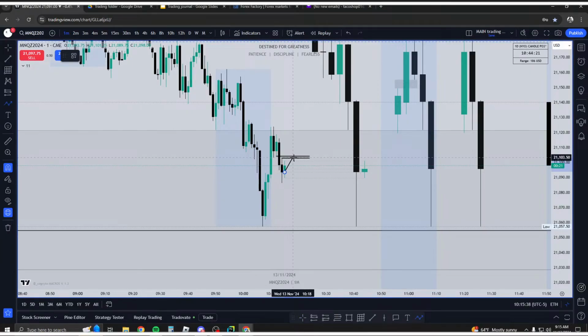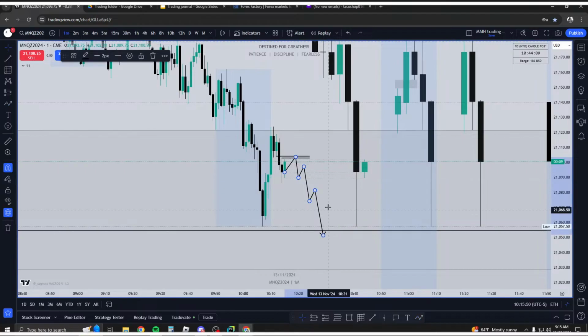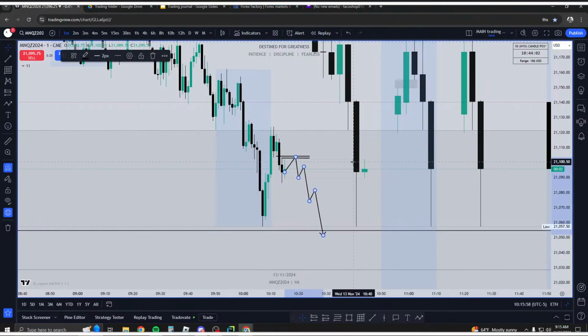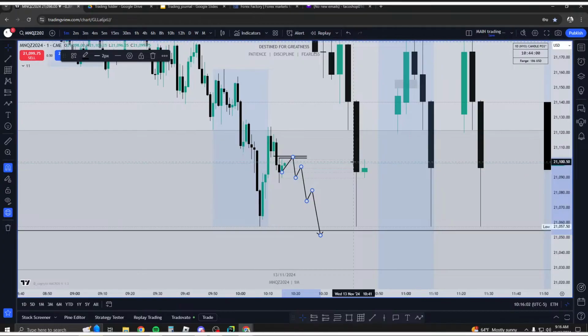This smaller 1-minute fair value gap here, you could take it. I guess it's a fair value gap, but I don't have that conviction in price respecting this small little fair value gap to continue lower. I would prefer a larger fair value gap, and that we leave that fair value gap unfilled.